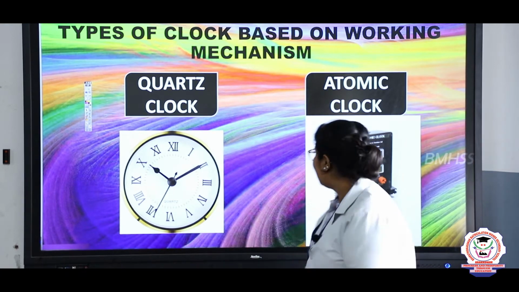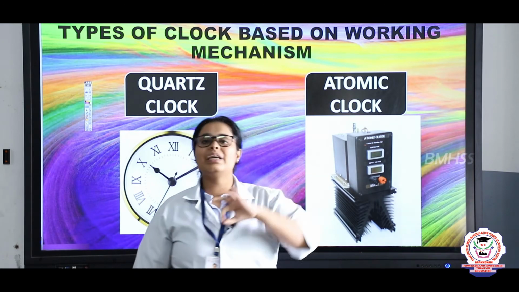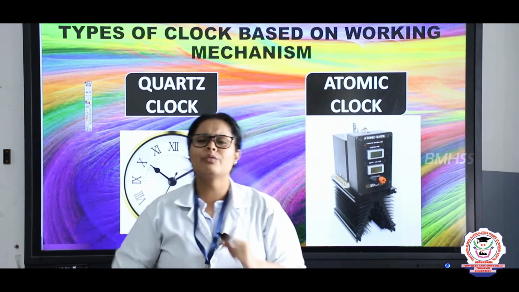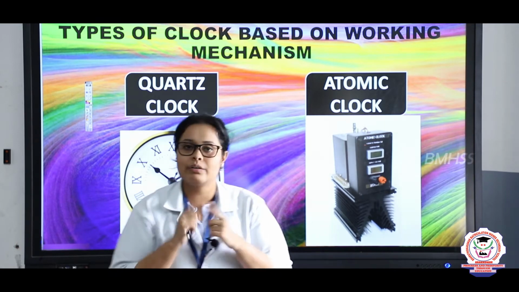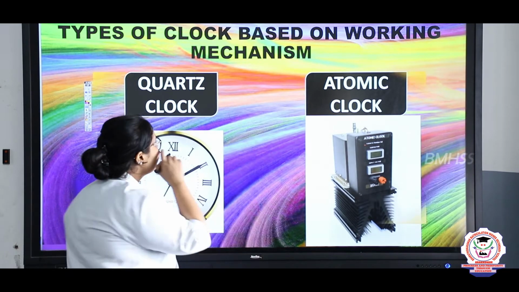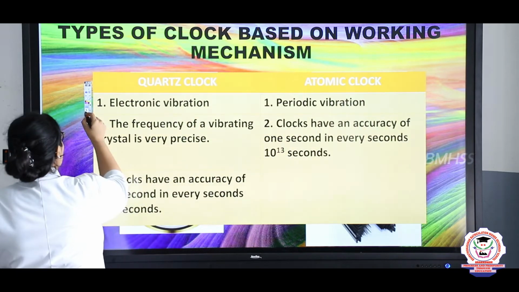In the same way, atomic clocks give you a very precise time, that is, even the millisecond variation it will tell, okay. Now, let's see the difference between these two types of clocks. Let's see the quartz clock first.